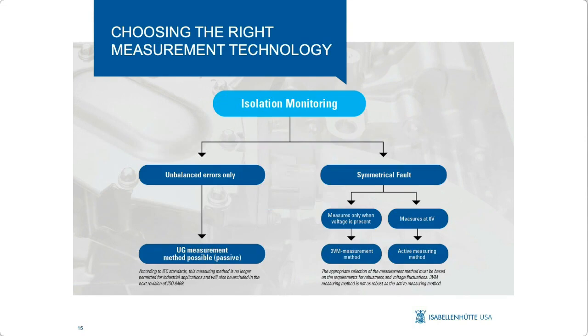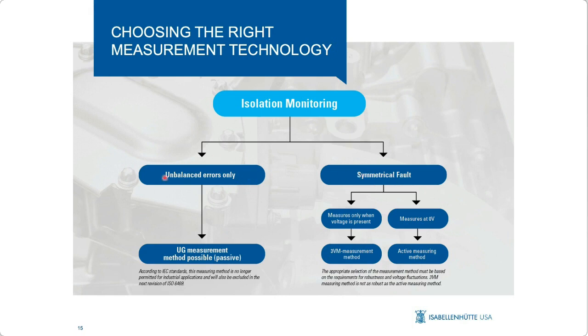When choosing an isolation monitoring system, we have to decide what fault we want to detect. An unsymmetrical fault or a symmetrical fault. Symmetrical faults can occur due to aging or corrosion on contacts.